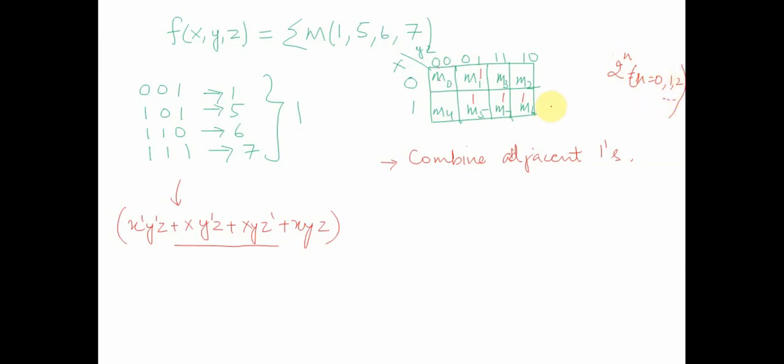That's the K-map fundamental. In a K-map we are trying to minimize two things: the number of OR gate inputs, that is the number of terms, and the number of literals in each product.